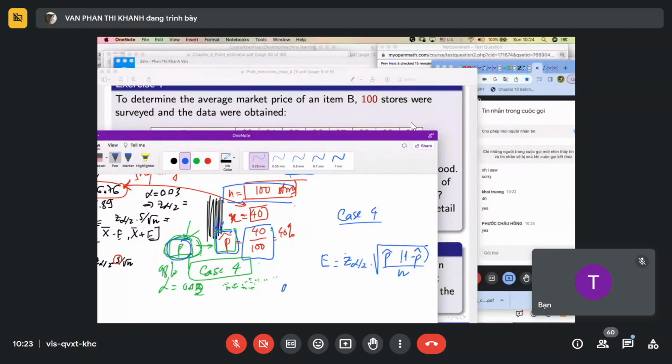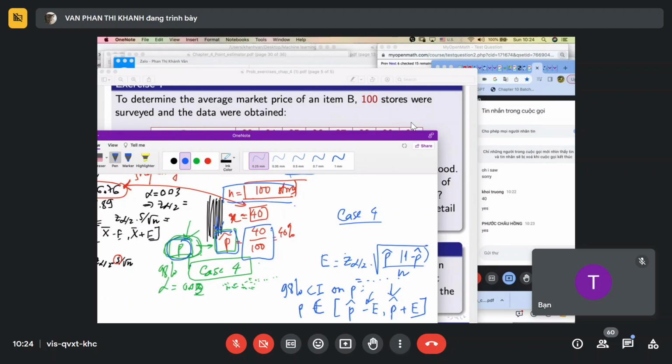And after that, the 98% confidence interval is: p belongs to the interval p hat minus E to p hat plus E. So in question 7 we combine two cases, case 3 and case 4. Can you show it by yourself? I wrote the formula here already, so now you just have to find it and substitute.